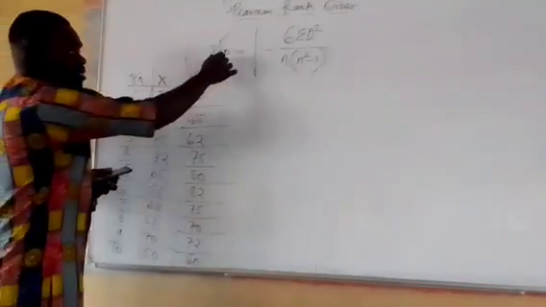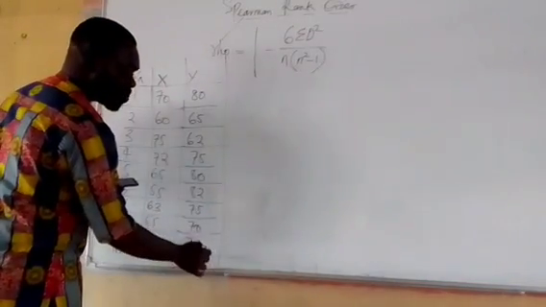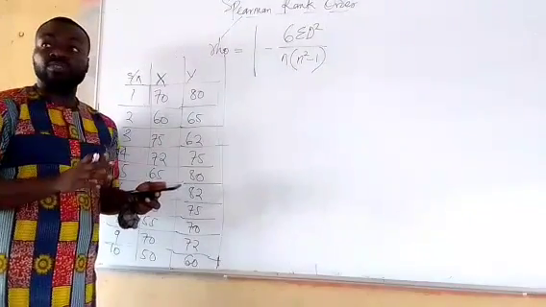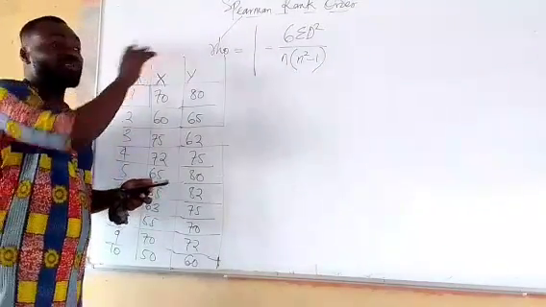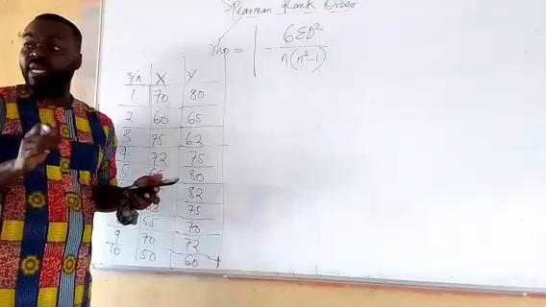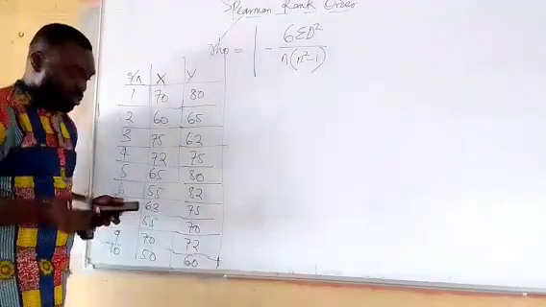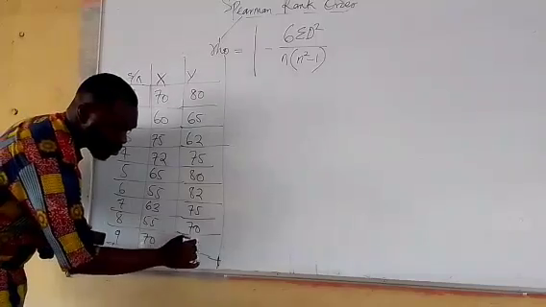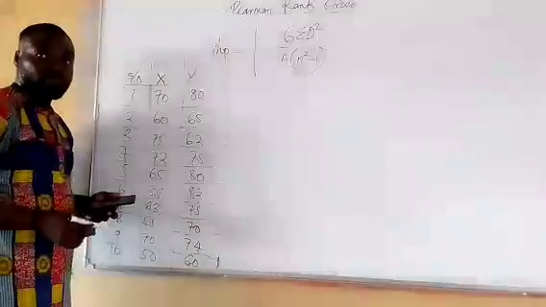Okay, so now the next thing, remember this is Spearman, and how we are going to compute it is based on the level of measurement. This is based on rank order. Ordinal or nominal? 74, this one? Yeah, okay, this is 74. Thank you for that correction.